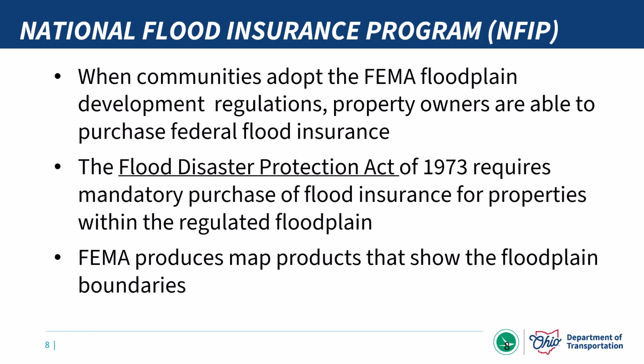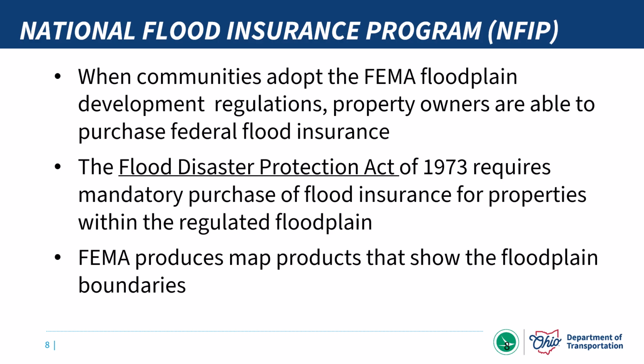When communities adopt the FEMA floodplain development regulations, then the property owners who are in the defined floodplain can purchase federal flood insurance. And the Federal Disaster Protection Act of 1973 requires mandatory purchase of flood insurance if you're within the regulated floodplain.